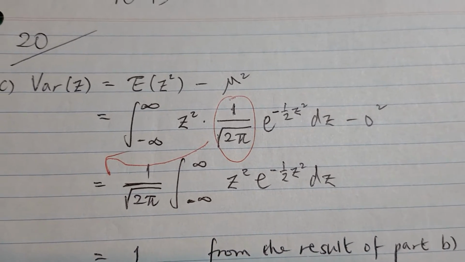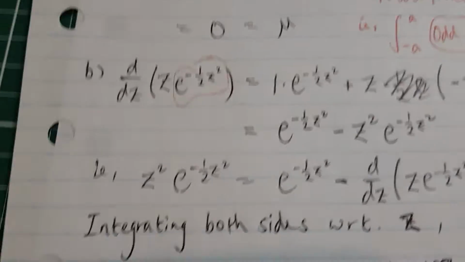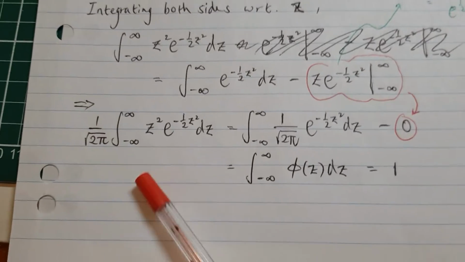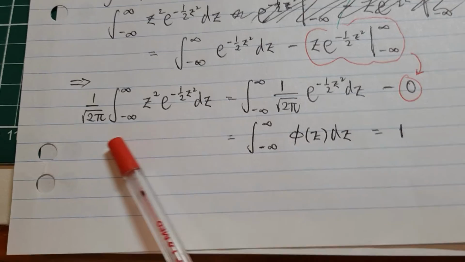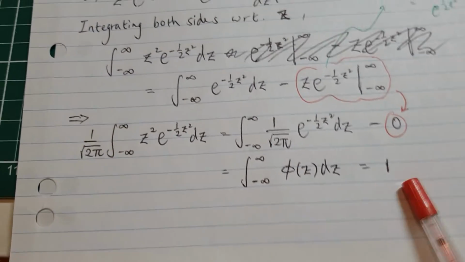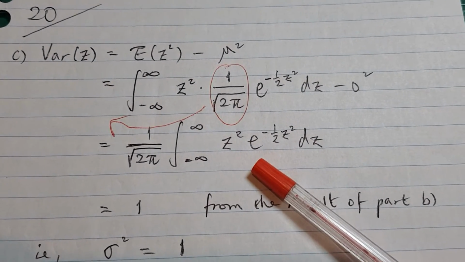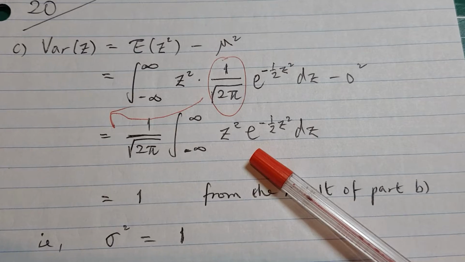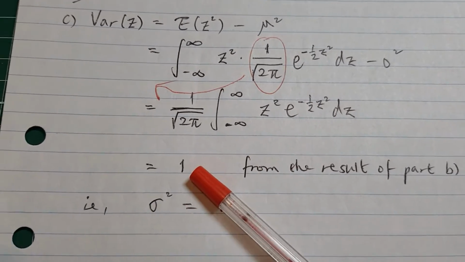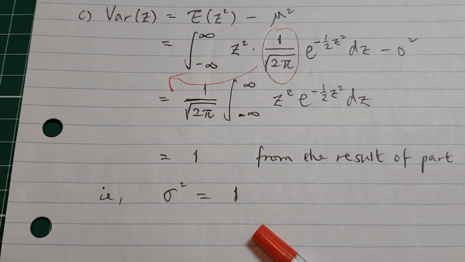But from part B, what did we just do? We just proved that this integral is 1. And that's basically what we got up to here. So that's that one. And we know from part B that this is 1. Hence, the variance is just 1.